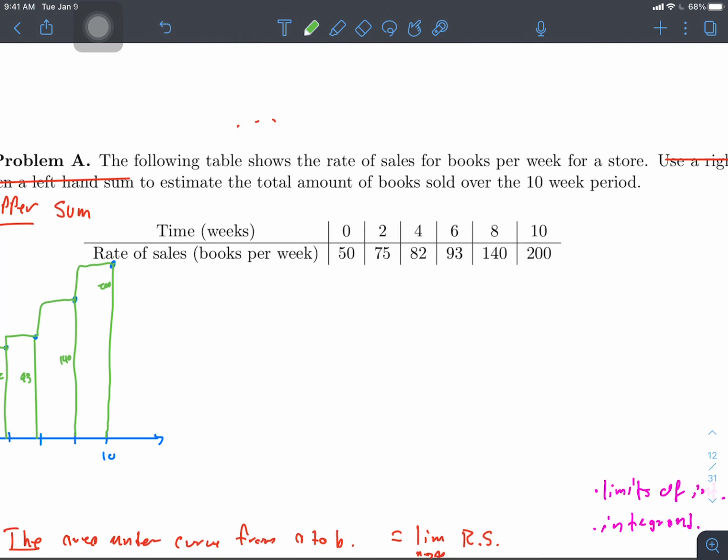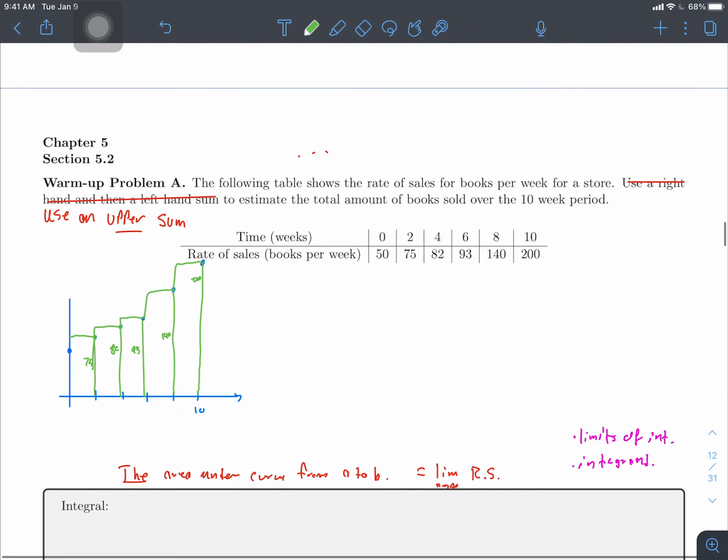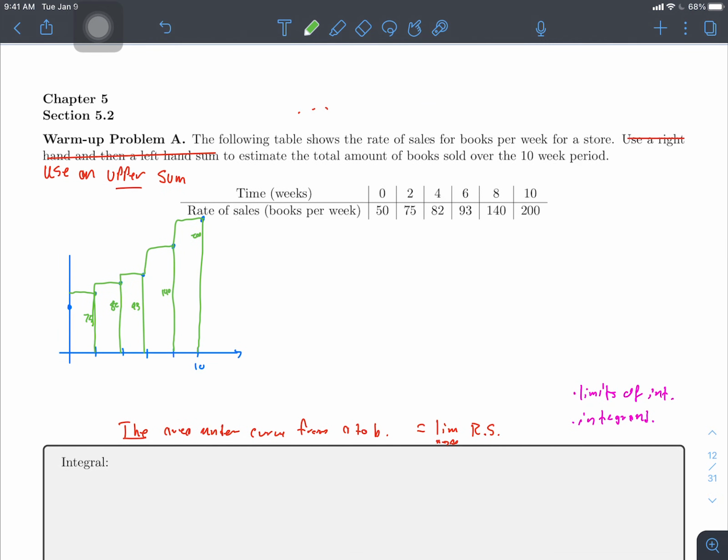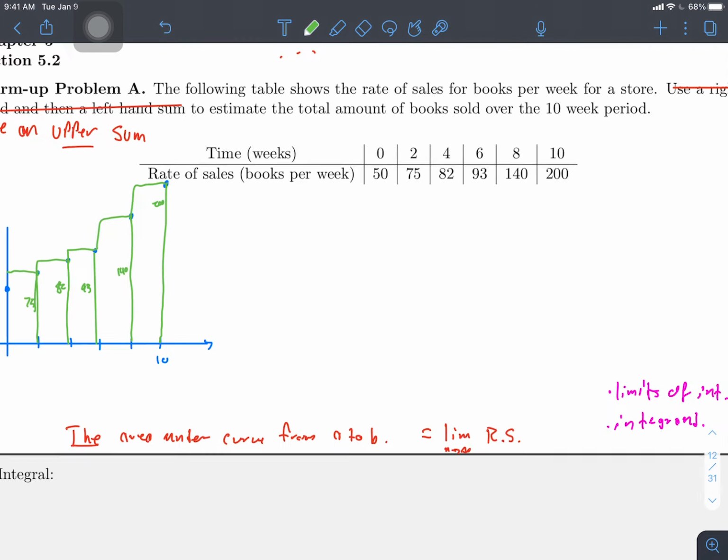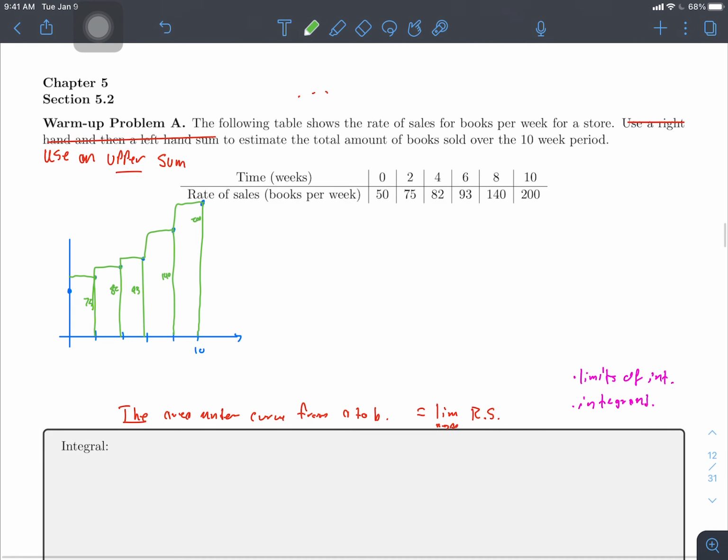Now, all we have to do is find out what the area of all of these guys are, and then that will give us an approximation of the area which is under this curve, right? So I'm just going to take all of those areas and add them up.